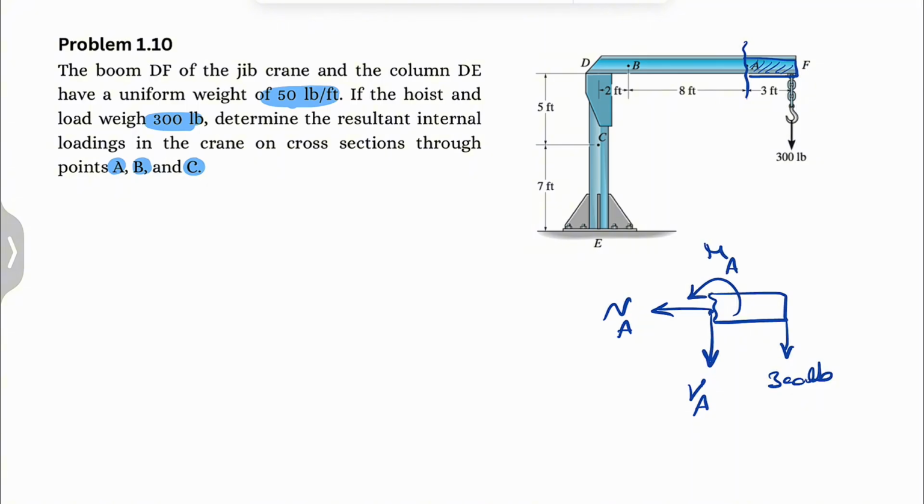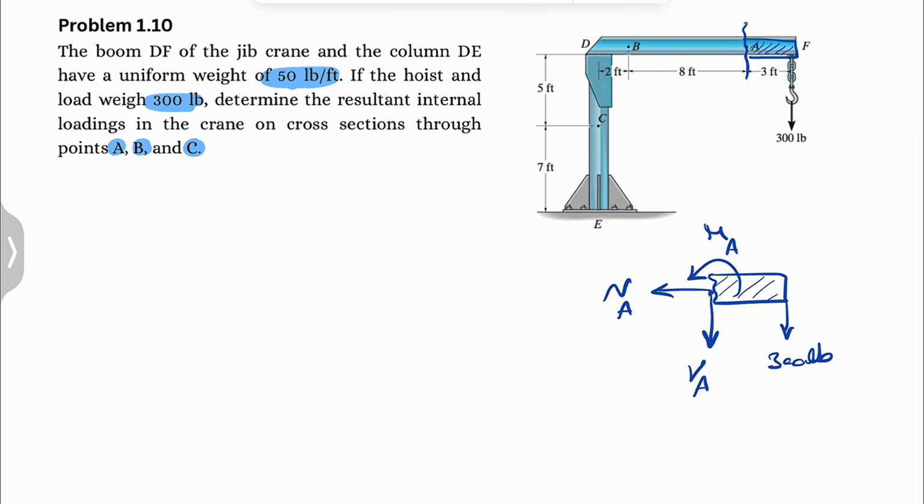We can pick basically whatever direction that we want, and at the end if we get a negative sign, that indicates that our assumption was not correct. Alright, so we're not done yet with the forces and free body diagram because this beam has weight, and we know per each foot of this beam we have 50 pounds. And if we look at this beam, we can see that the beam is 3 feet on this side, which means we need to consider one weight as well.